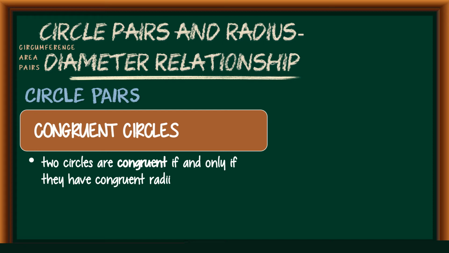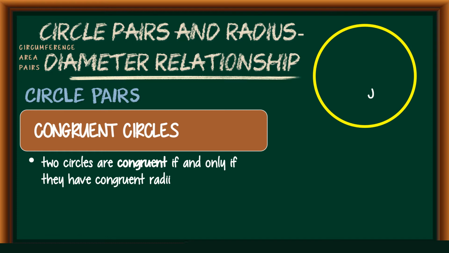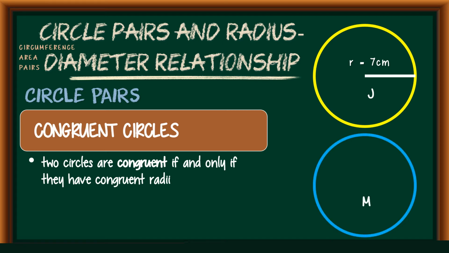Kapag ba magkasing haba ang diameter nila, congruent din kaya sila? Yes, kasi kapag hinati natin si diameter, we'll still get the same measurement of radius. Di ba? So for example, we have this circle J measuring with a radius of 7 centimeters and circle M with a radius of 7 centimeters.